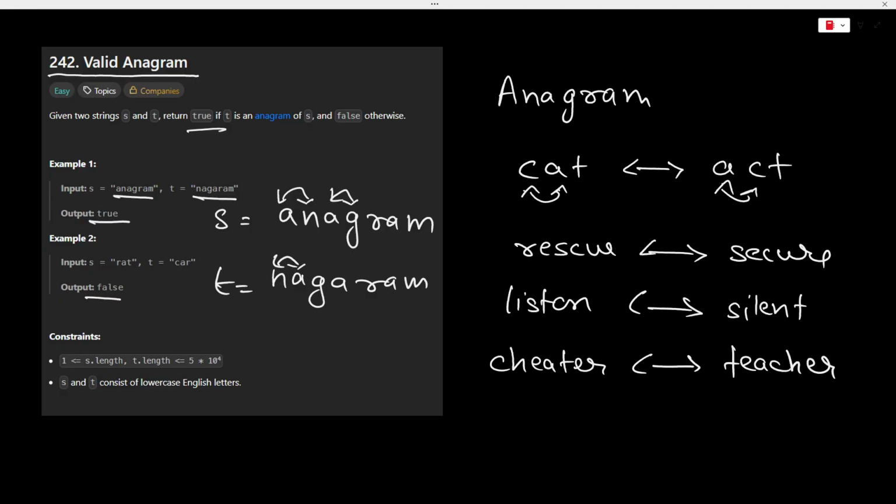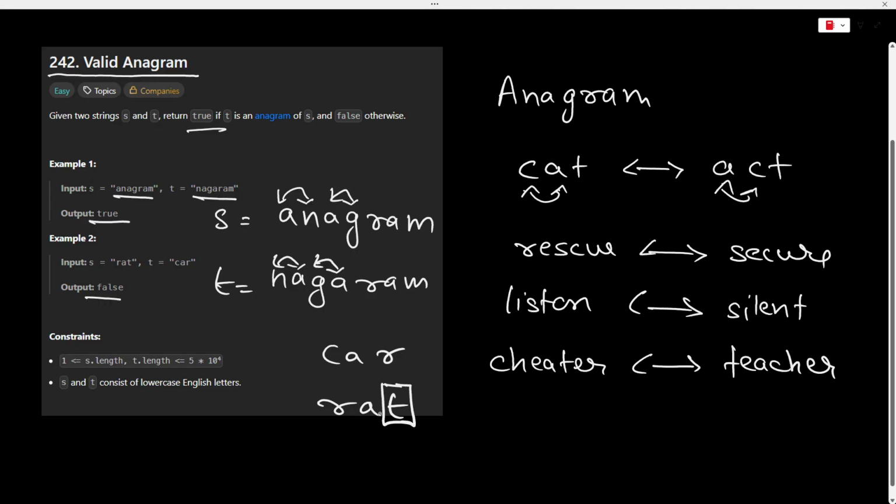And same with nagaram: if we swap A with N and A with G, we'll get anagram. In the second example, is car an anagram of rat? No, it isn't, because to form rat, you'll need a T, and there's no T in car. So that's why our output is false.